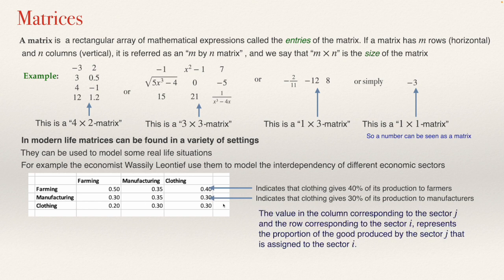The value in the column corresponding to the sector J, in this case clothing, and the row corresponding to the sector I, in this case manufacturing, represents the proportion of the goods produced by the sector J that is assigned to the sector I. Not all the time, but usually we use J for representing columns and I for representing the rows.